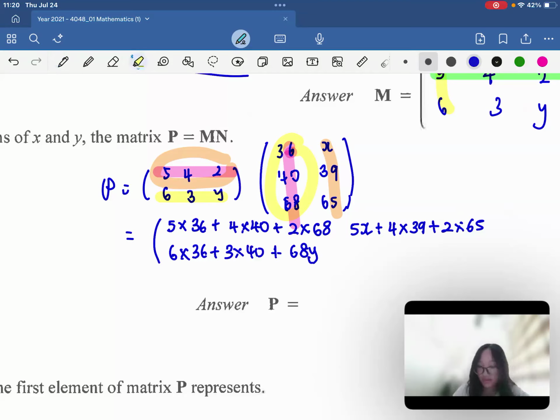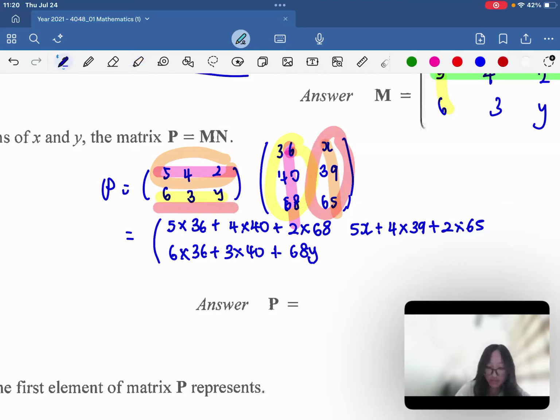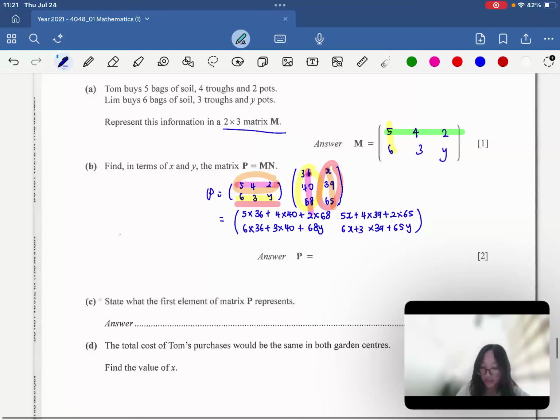And last but not least, we have here. It's getting a bit messy. 6x plus 3 times 9 plus 5y.